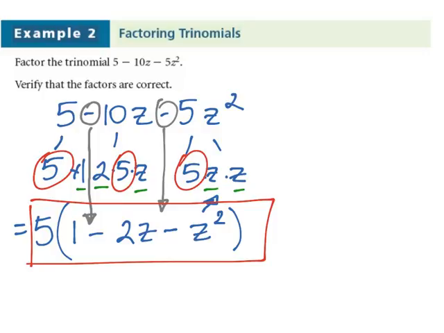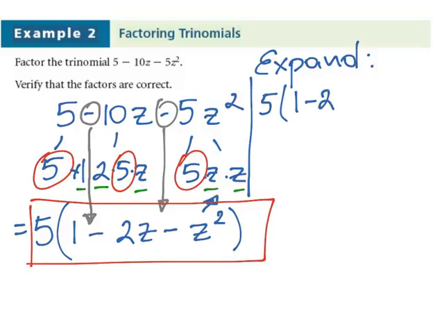The opposite of factoring is called expansion, or expand. So we're going to take the answer and use it to come up with the question itself. Here's how we expand: we take the factor that's outside the bracket and multiply it with everything that's inside the bracket.